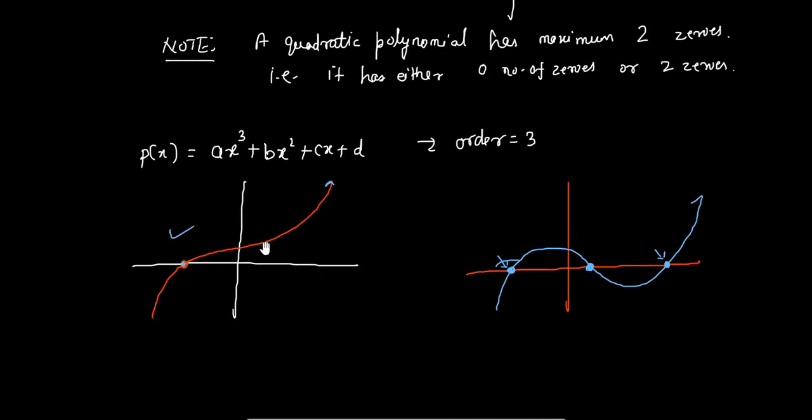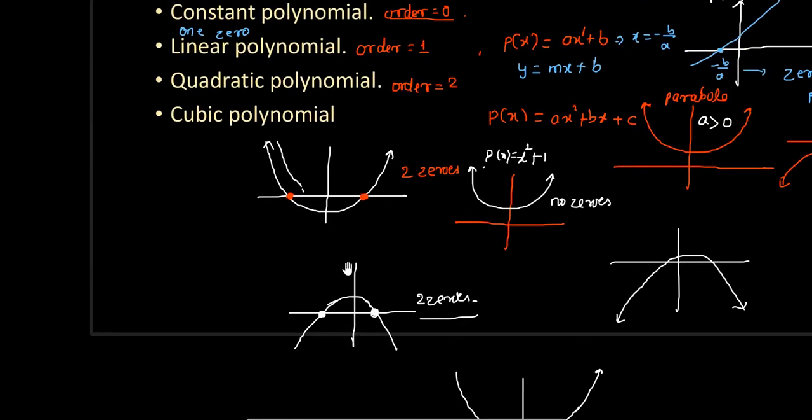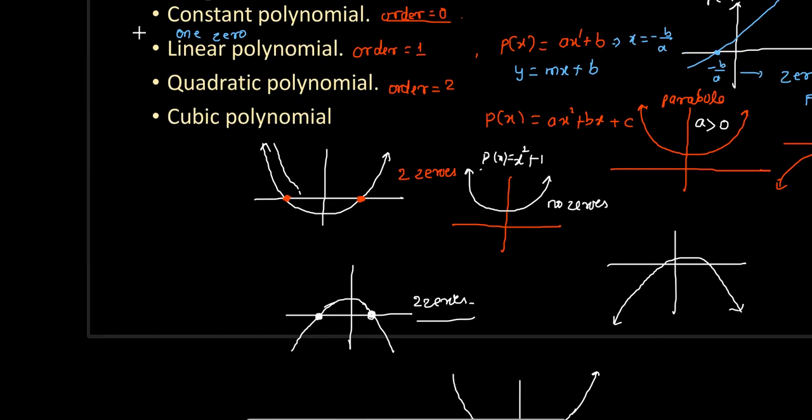It may intersect at three different points or at a single point. You won't find only 2 points of intersection, right? So for a cubic polynomial the maximum number of zeros possible is 3. Here we have 2 zeros maximum, here we have 1 zero, and here we do not have any zero, right?